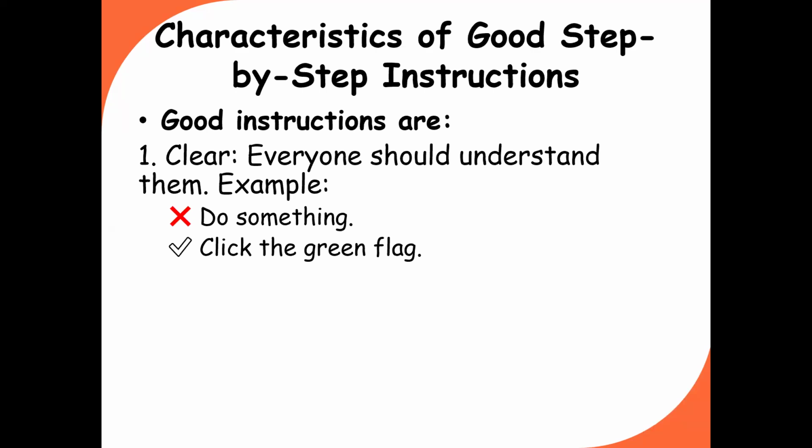Do something is not clear because we do not know what to do. But if I ask you to click the green flag, this instruction is clear. Another characteristic of good step-by-step instructions is the order. We need to follow the order.